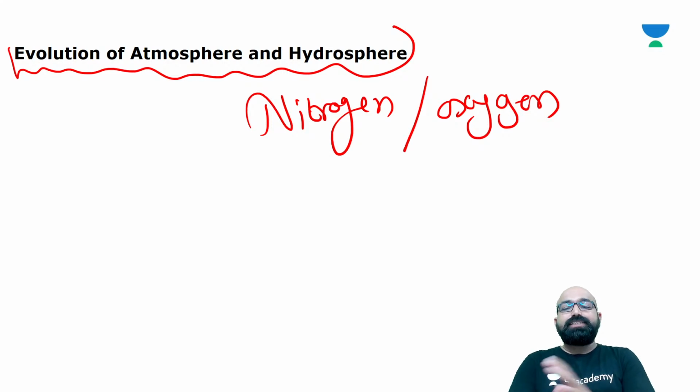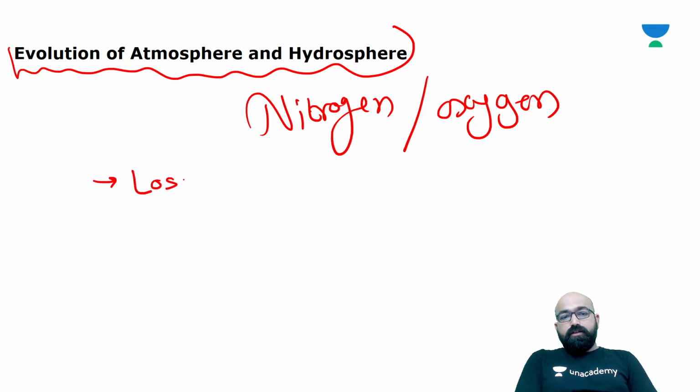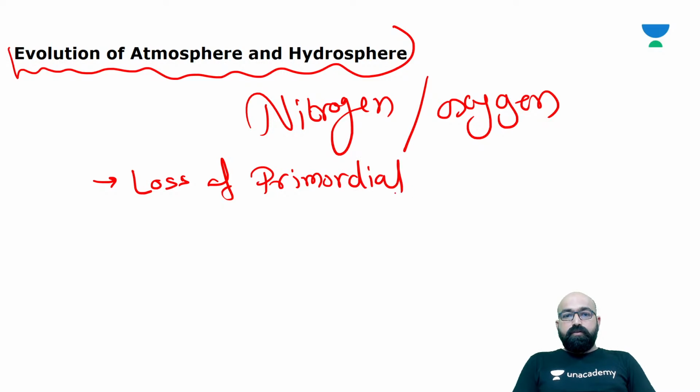Now, friends, there are three stages in the evolution of the present atmosphere. The first stage is marked by the loss of the primordial atmosphere.